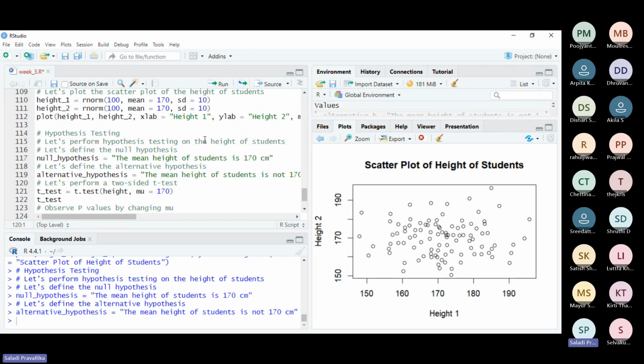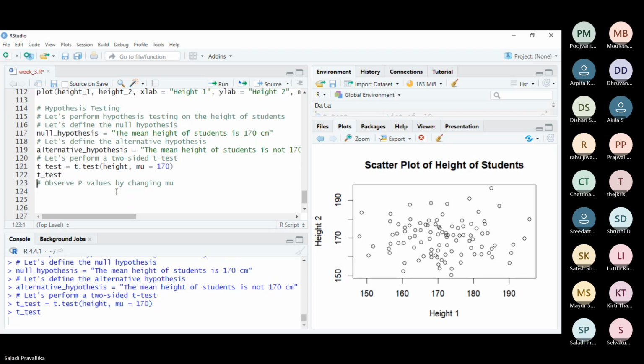For this one, we use something called a two-sided t-test. This 170 here says that I am assuming the mean to be 170 for this data set. What do you think? I'll run the t-test and visualize it.